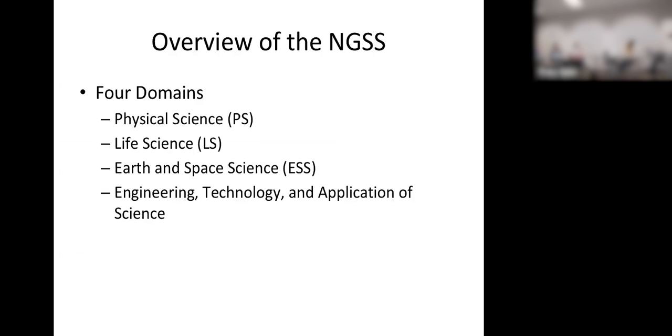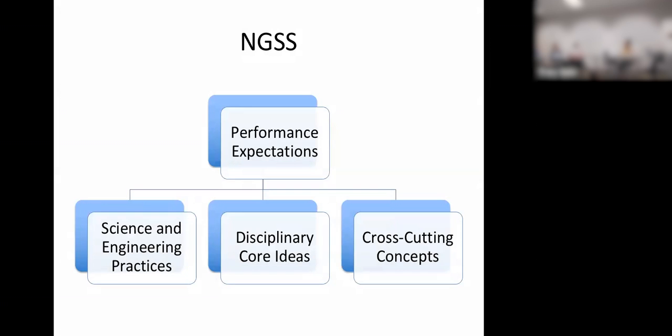There are 4 domains across K-12: physical science, life science, earth and space science, and engineering, technology, and application of science. So when we look at how the NGSS is set up, when you physically look at the document, at the top is the performance expectation.